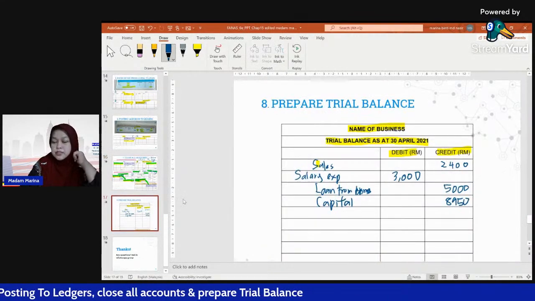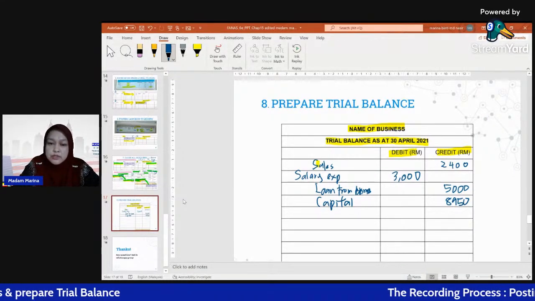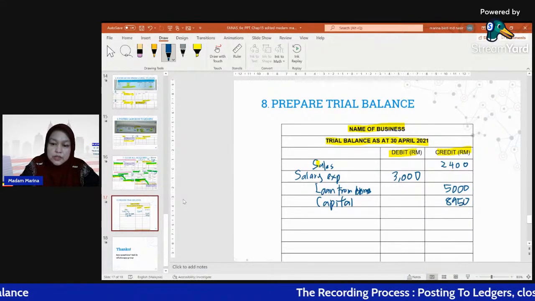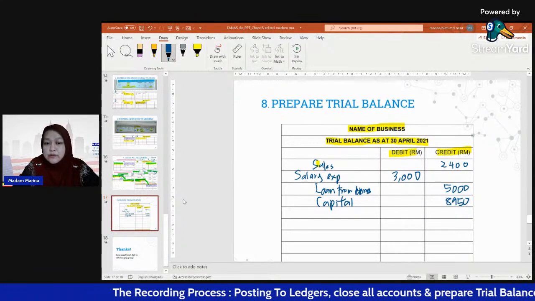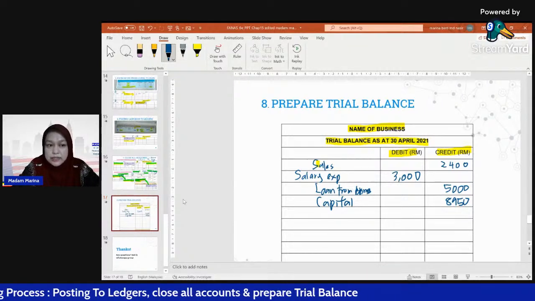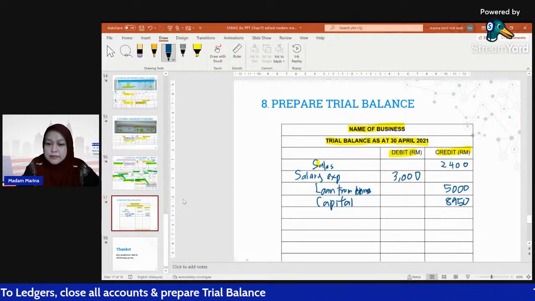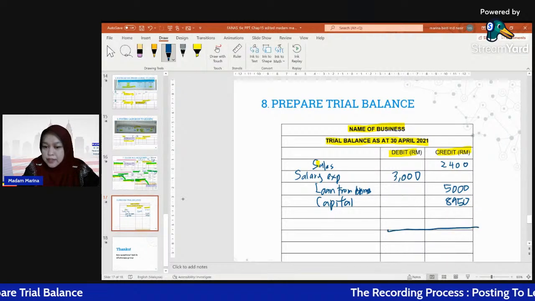So when we move to the trial balance, ini tak complete sebab kita baru rekodkan only 4 accounts. Actually we have more accounts nanti. So you have to completekan trial balance ni, completekan posting ledger yang ada. Kita punya total kat sini nanti should be balance.